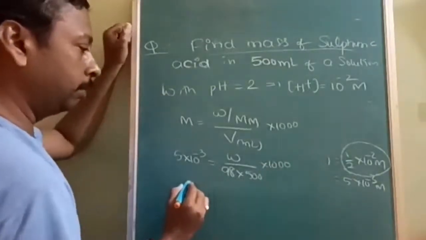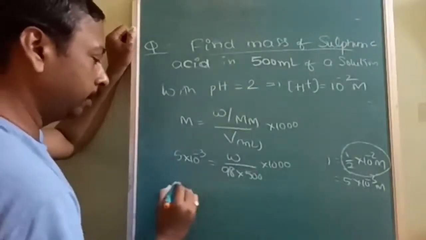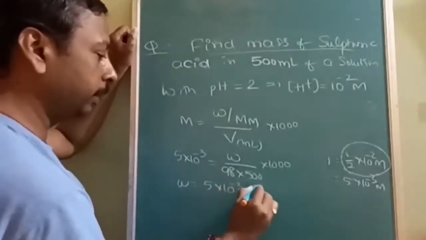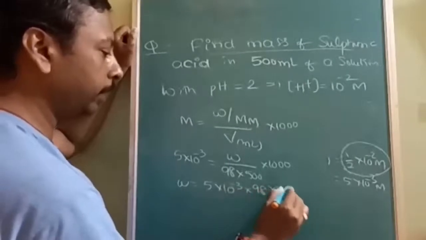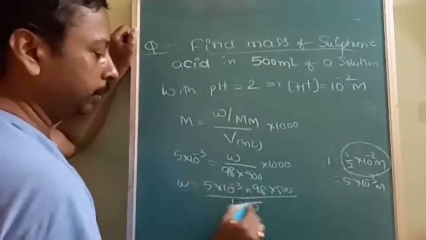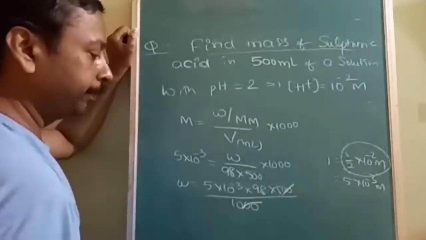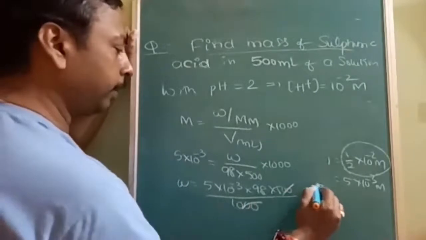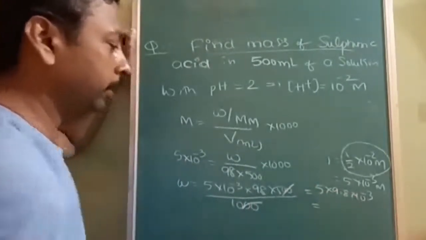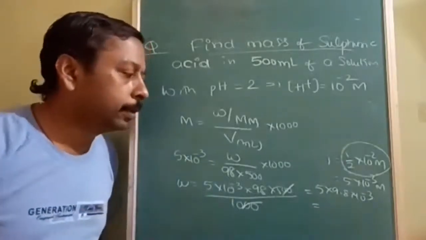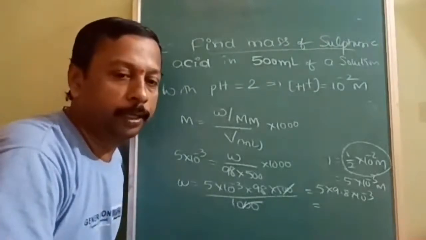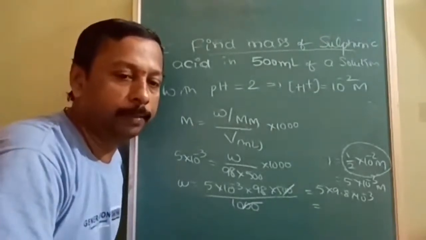So now mass is equal to 5 into 10 to the power of minus 3 into 98 into 500 divided by 1000. Okay. So these two will get cancelled. So finally 5 into 9.8 into 10 to the power of minus 3. Okay. So you can multiply this: 5 into 9.8 into 10 to the power of minus 3 grams.